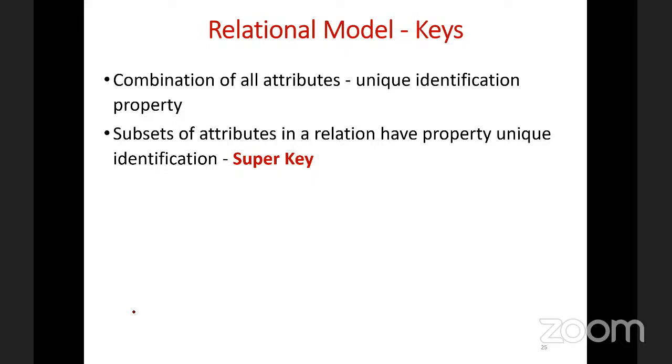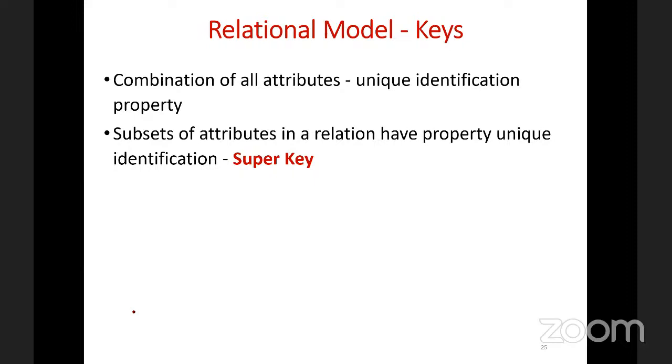For example, say I have a relation with student ID, student roll number, student address, and student phone number. Naturally, if I take these 4 attributes, all rows are unique, because that has to be followed. So this set of 4 attributes gives you the uniqueness property.